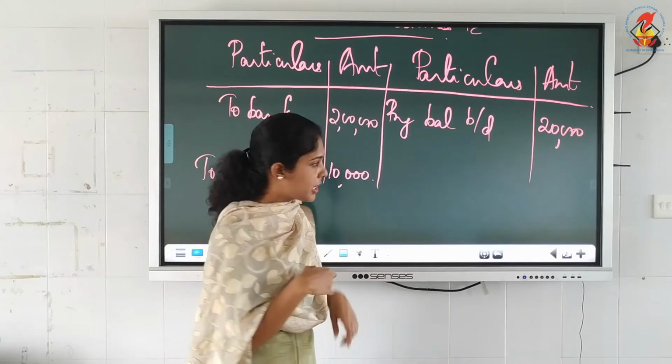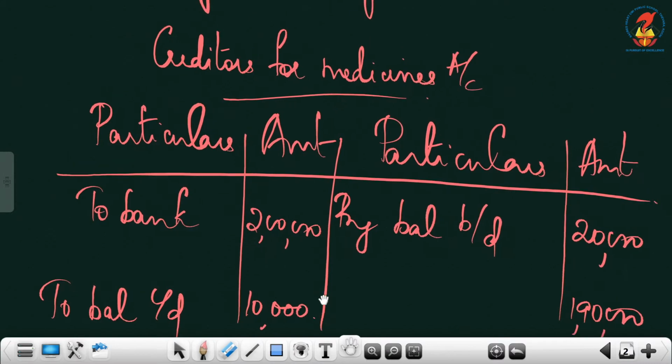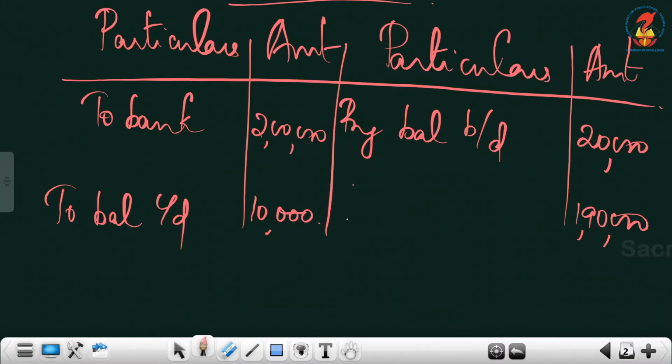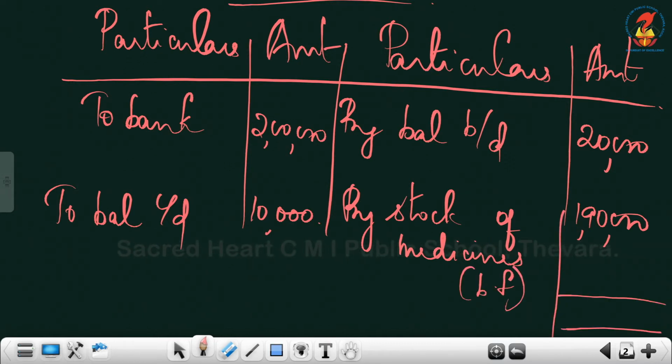So the balancing figure here is 1,90,000, which we'll write as by stock of medicines. This is the balancing figure.